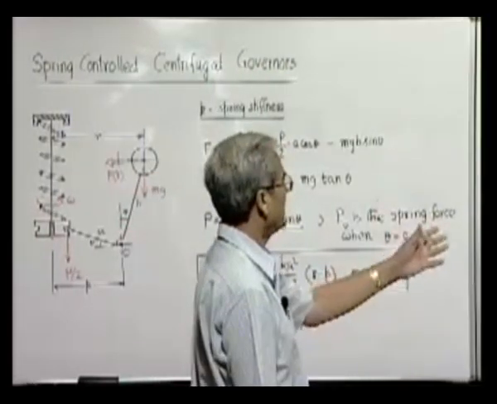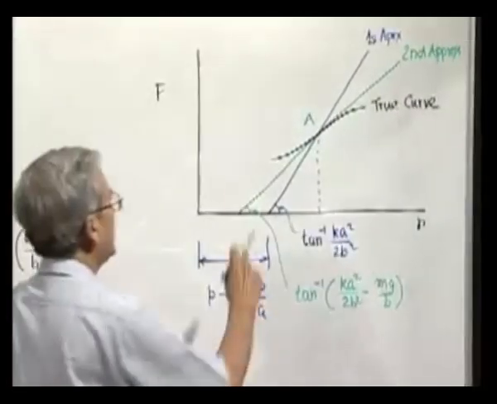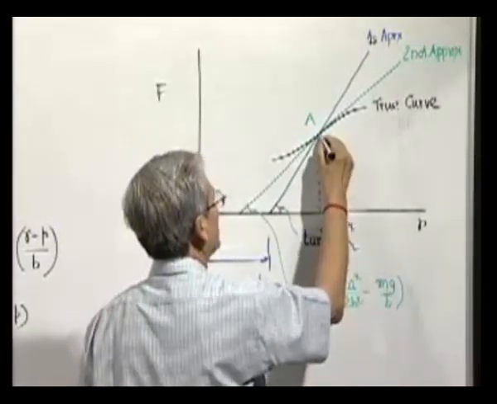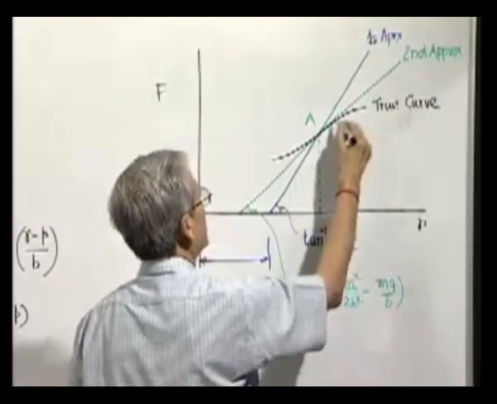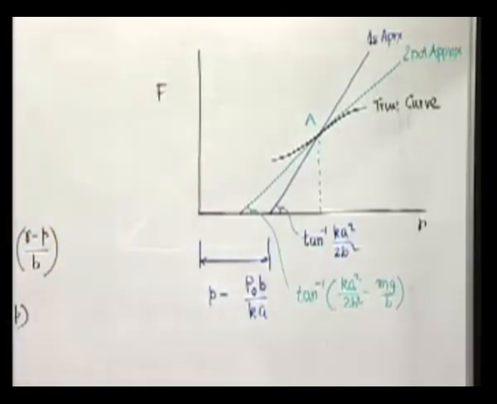So, the result of an exact analysis, if you plot f, you will find this will be the curve where it will pass through the same point and its slope will match with the slope of the second approximation, because when theta is very small, then this approximation becomes exact, and so the slopes will match.